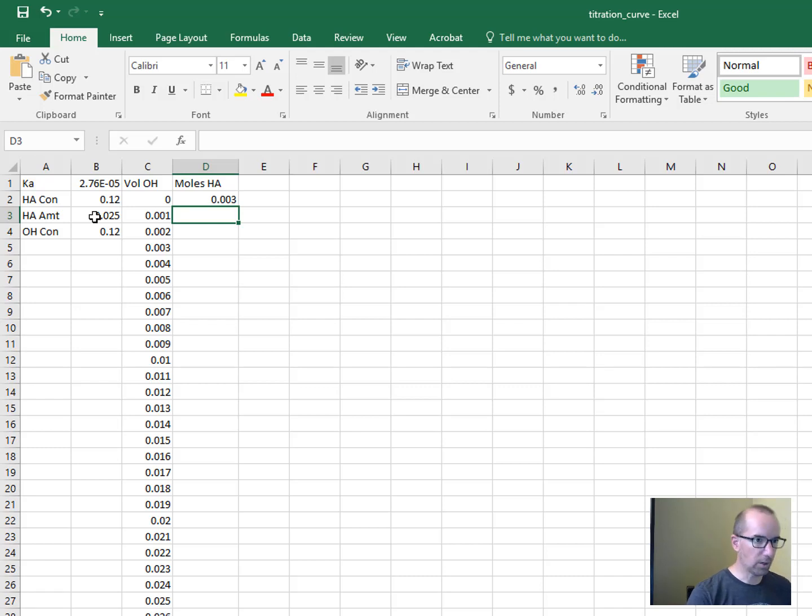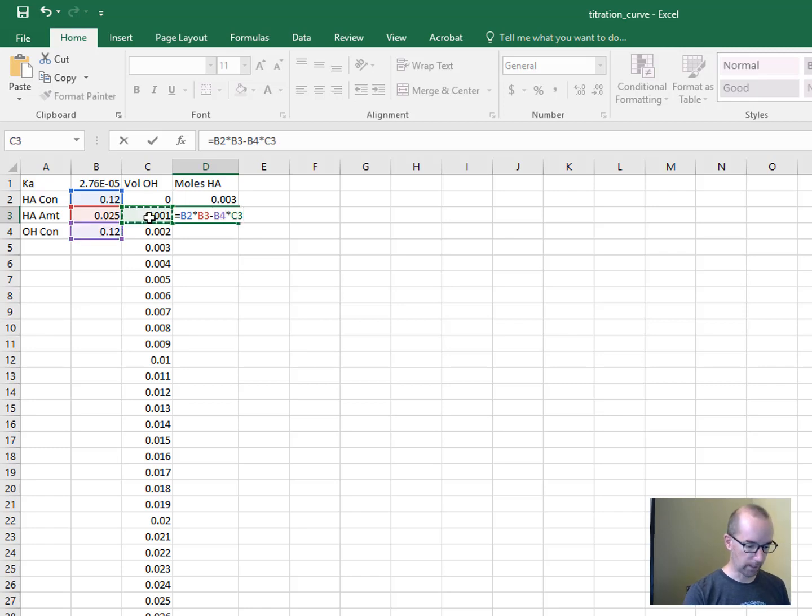Once the reaction starts, it's going to be the original concentration times the amount that I put in, and then I'm taking away the concentration of base times the number of moles that I put in. So my moles of original acid minus the moles of base that I put in is going to give me this. Great, that's exactly what I expect. This is 0.012, yeah, this is less than that.